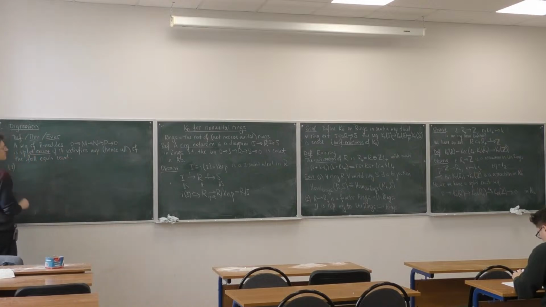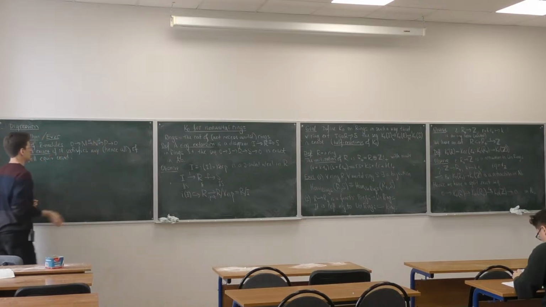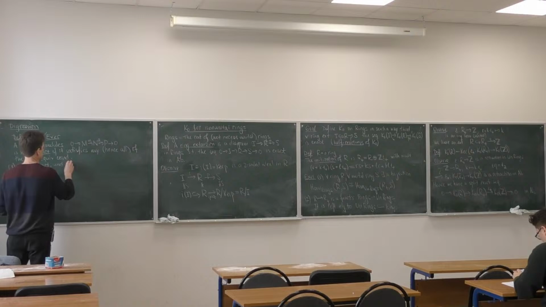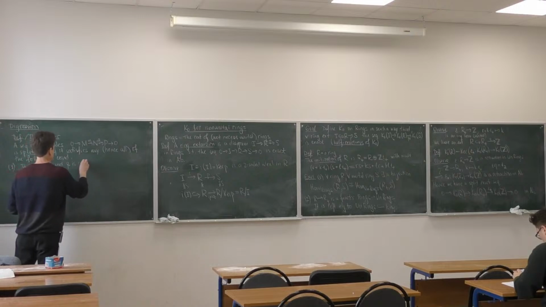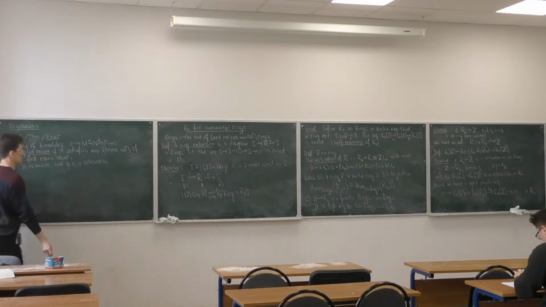Let's denote these arrows, for example, alpha and beta. Condition 1: the sequence is exact and beta is a retraction. That is, it has a right inverse morphism.